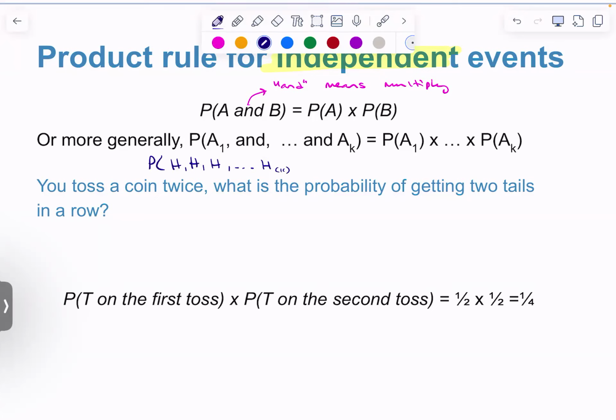Just denote how many heads there were. We said that was 0.5 to the power of 11, because they are independent outcomes.